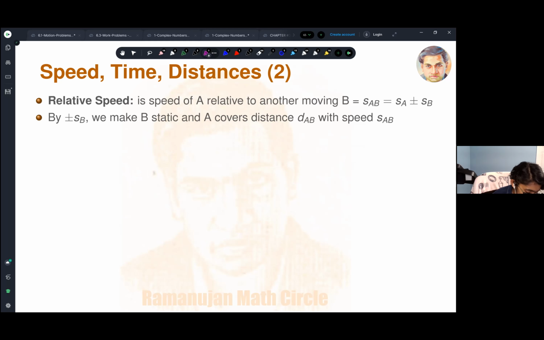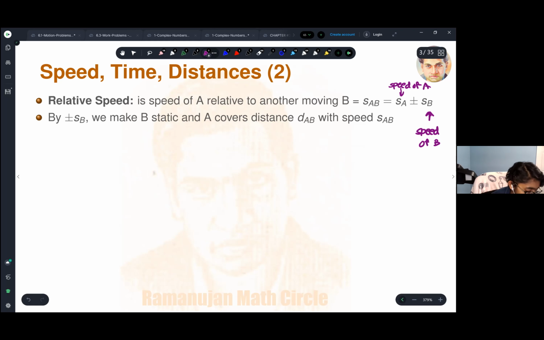So the relative speed of A with respect to B is SA, meaning the speed of A, plus or minus the speed of B. And I'll go into when you use the plus and when you use the minus.